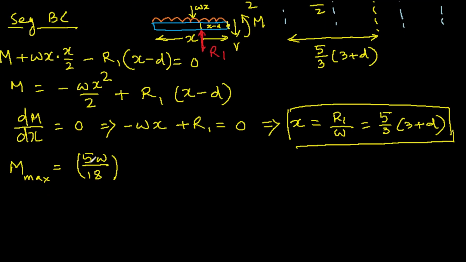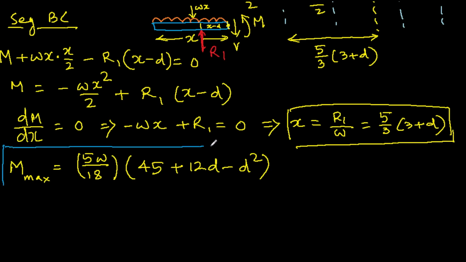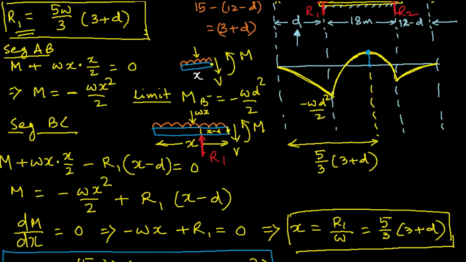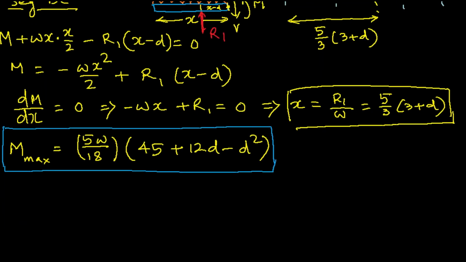Then you will get this as 45 plus 12t minus t square. So that's the expression for maximum moment.